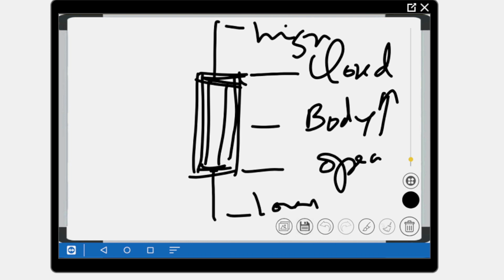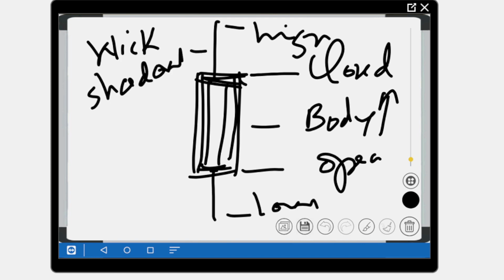This line on top has a name. The name of this little line is called a wick, or sometimes they call it a shadow. Okay, this is a wick or shadow.